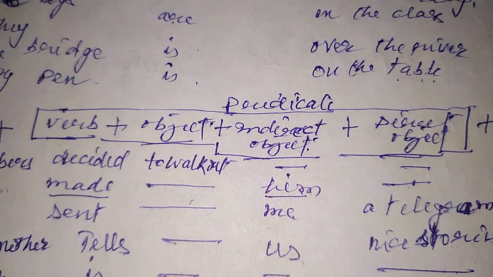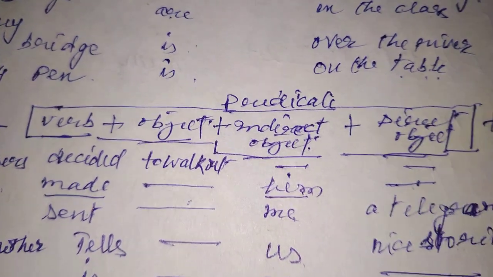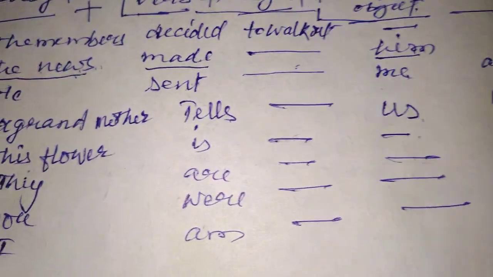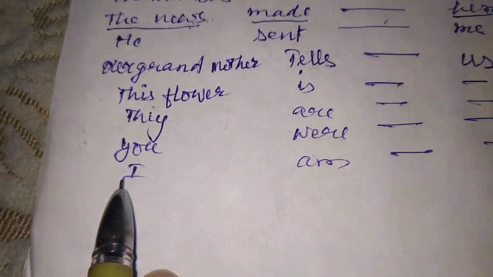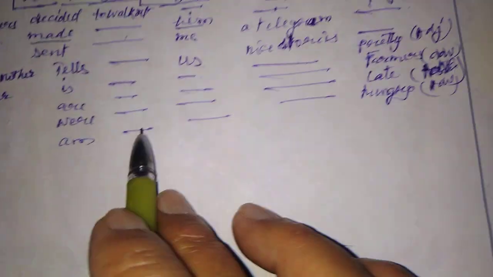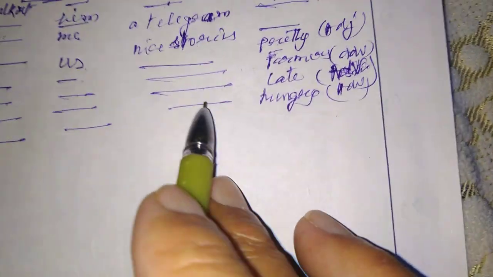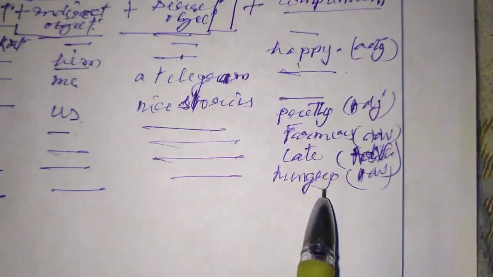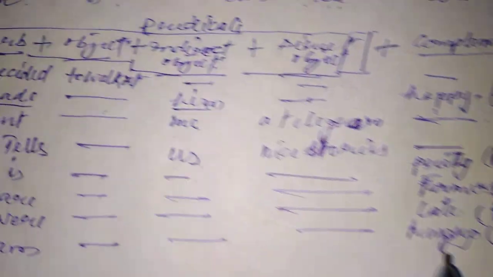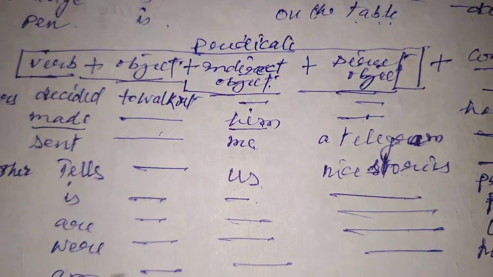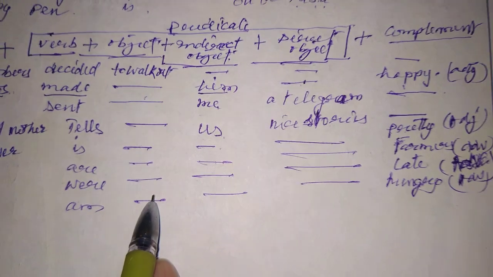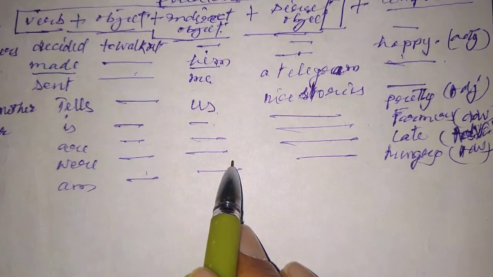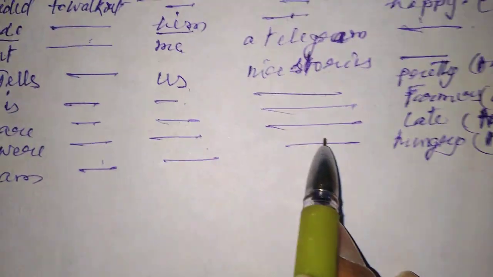Late is the complement given to you. Last one, I am dash dash dash hungry. Hungry is again a complement. So we omitted here object, indirect object, direct object.